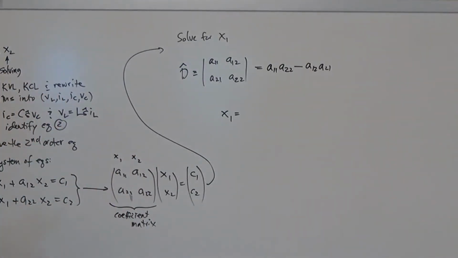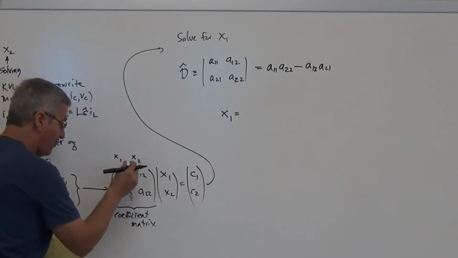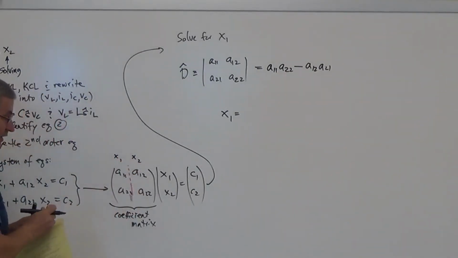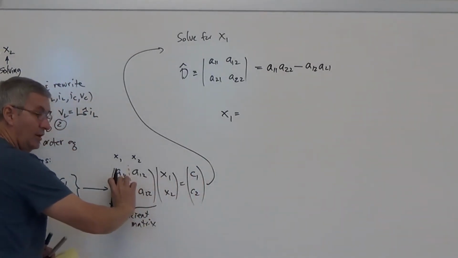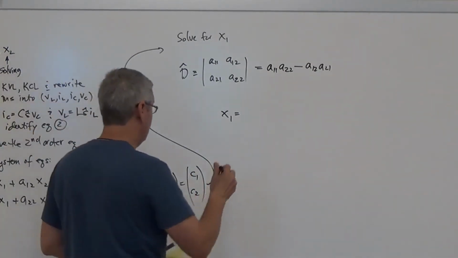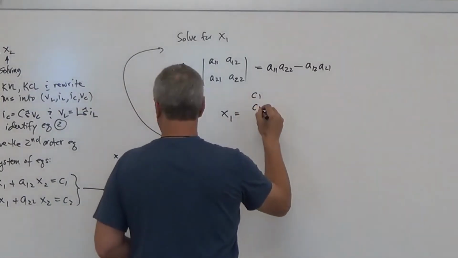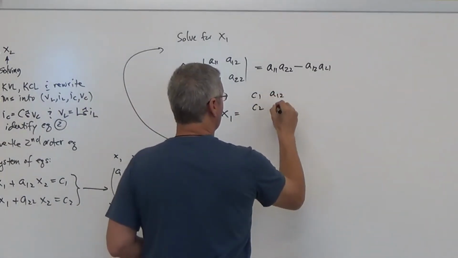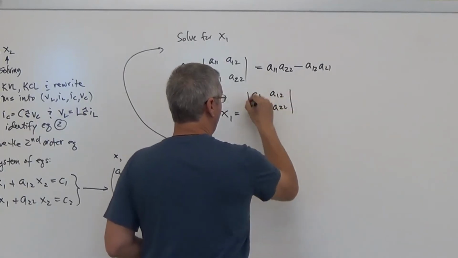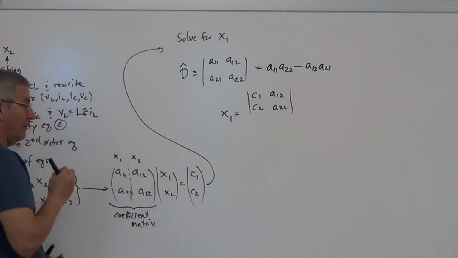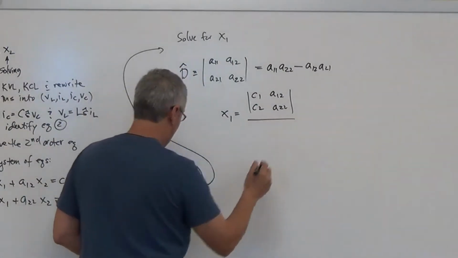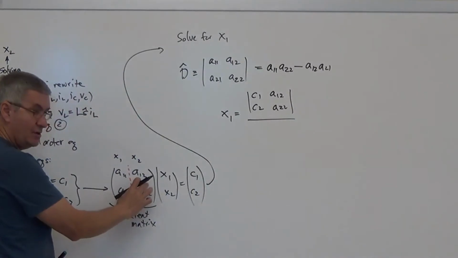I focus on separating these. I take the constants C1 and C2 and replace the x1 column with them. So it's C1, C2, A12, A22, and I take the determinant of that, and then I divide it by the determinant of these cofactors.